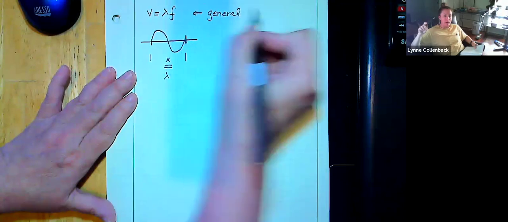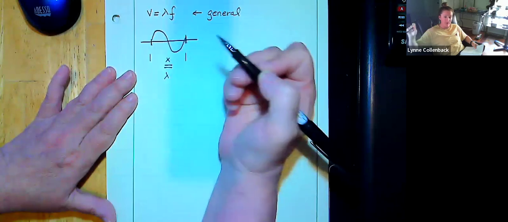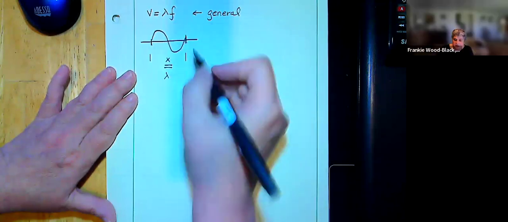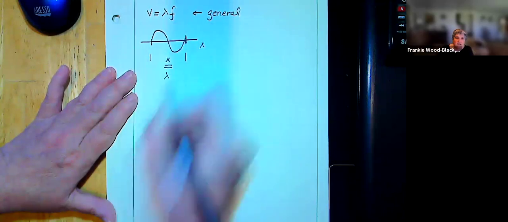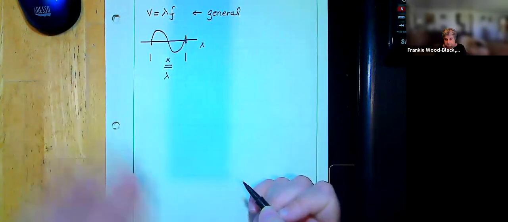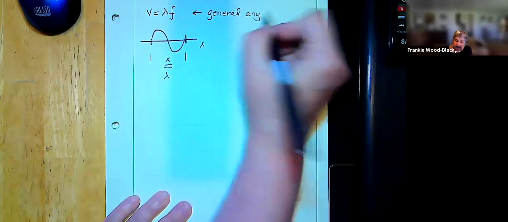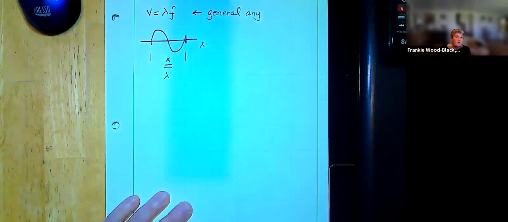And is that time just what that length, the wavelength is? Yeah, that's the period. So if I do this in terms of X, my frequency is one complete cycle. So this is general for any wave, and it can be a mechanical wave or an electromagnetic wave.